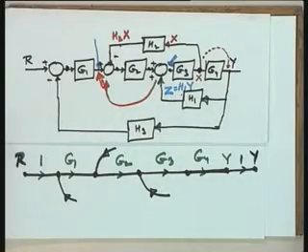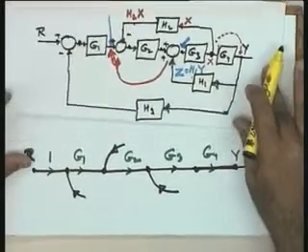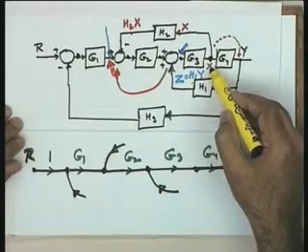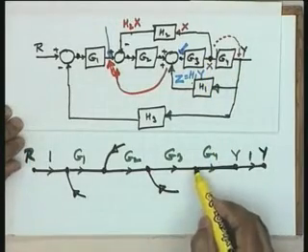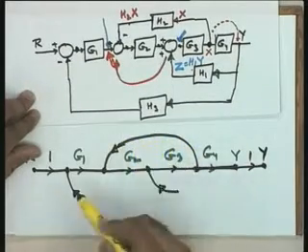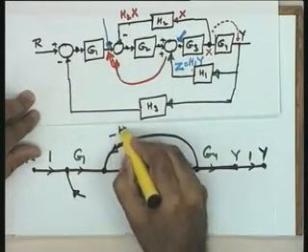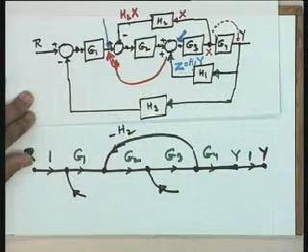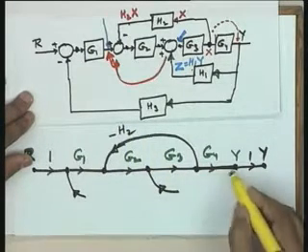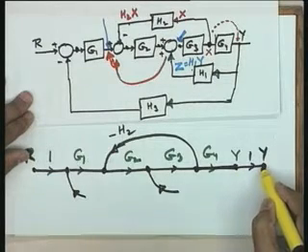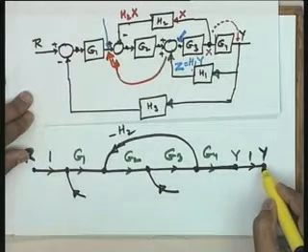Now, let me complete the links. You find that a feedback is being taken after this block, that is x. What is x corresponding to? X is corresponding to this point. So, let me take a feedback from here, and this becomes your minus H2. See whether you agree with this, minus H2. This is your y output. I will not take the feedback from here because it is an output node, and by definition an output node has no outgoing branches.